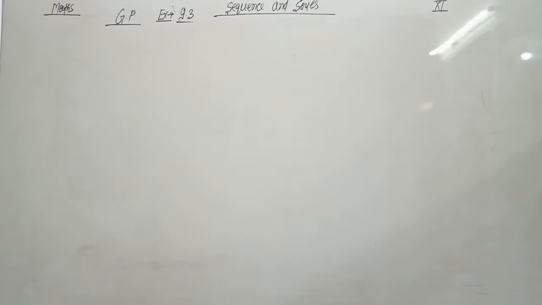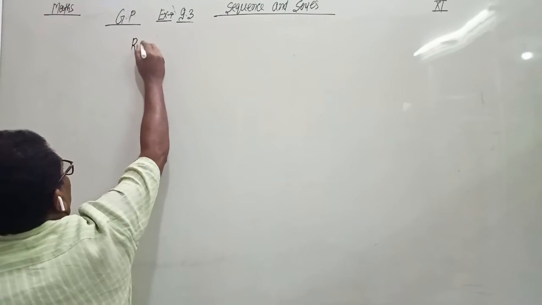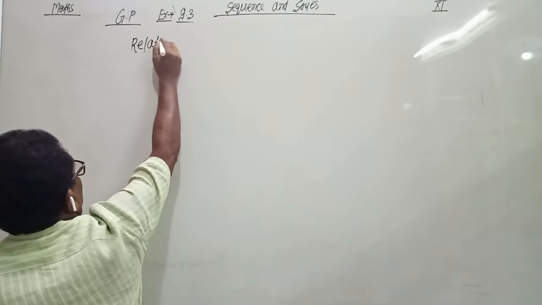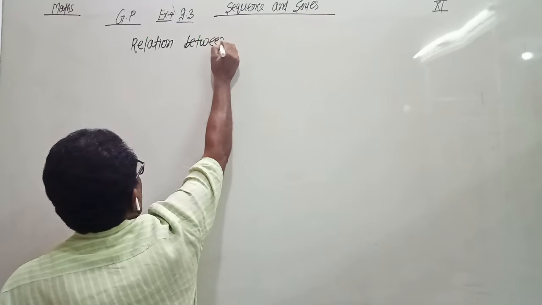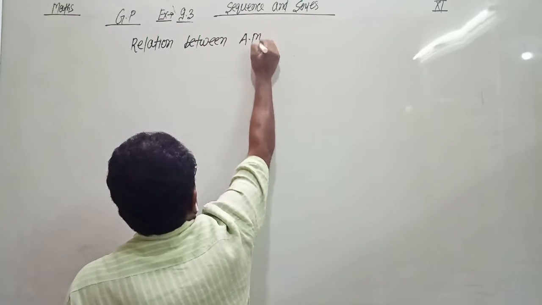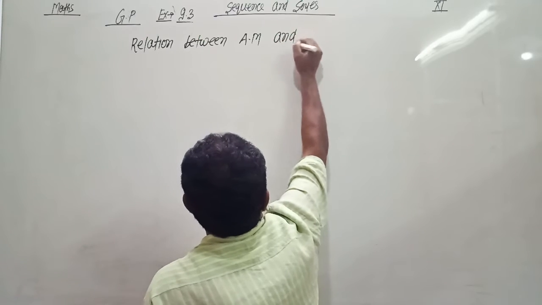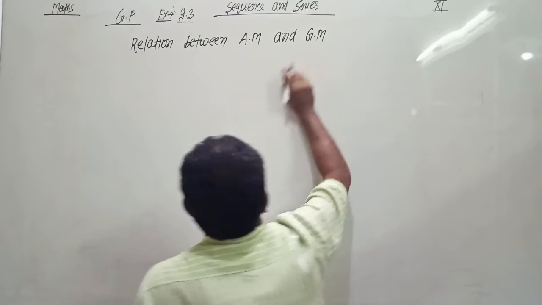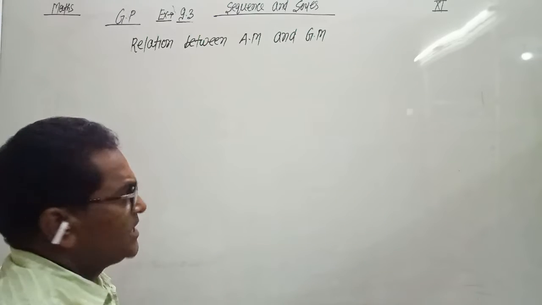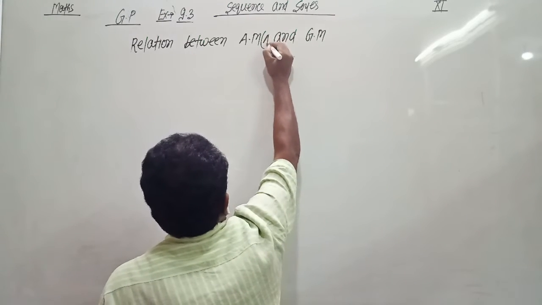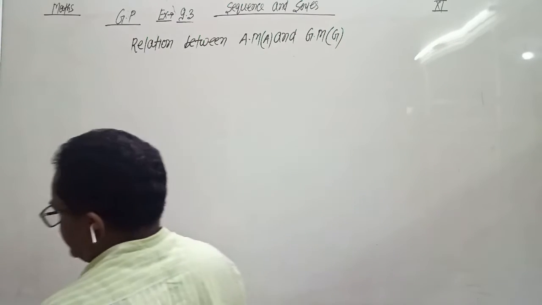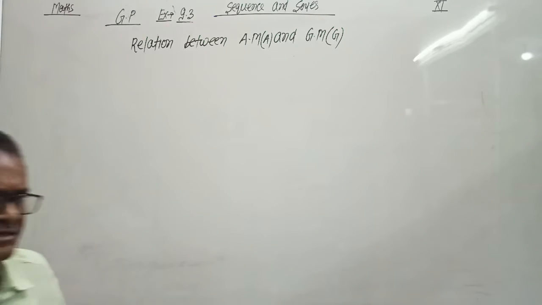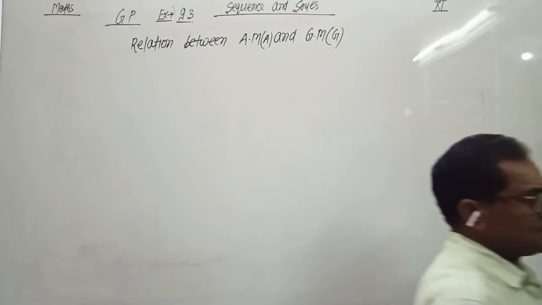Now the next topic is the relation between AM and GM, the relation between arithmetic mean and geometric mean. Arithmetic mean is denoted by capital A and geometric mean is denoted by capital G. So the relation between A and G: A is the arithmetic mean and G is the geometric mean.